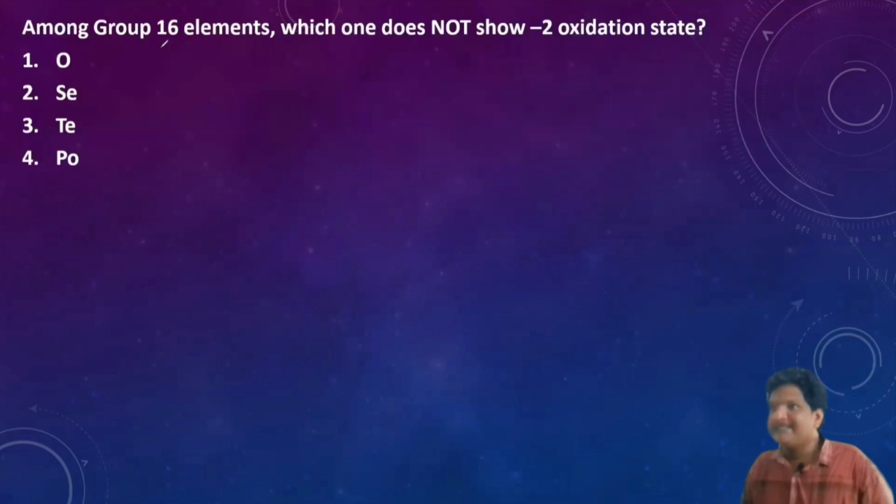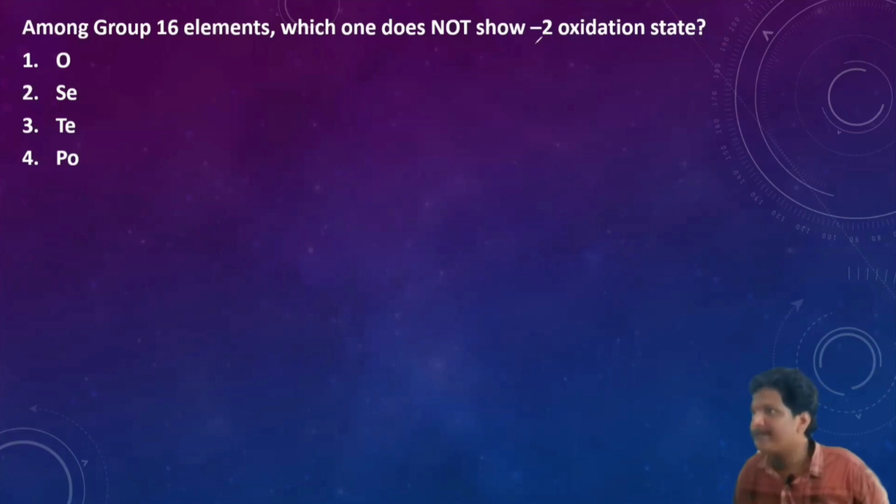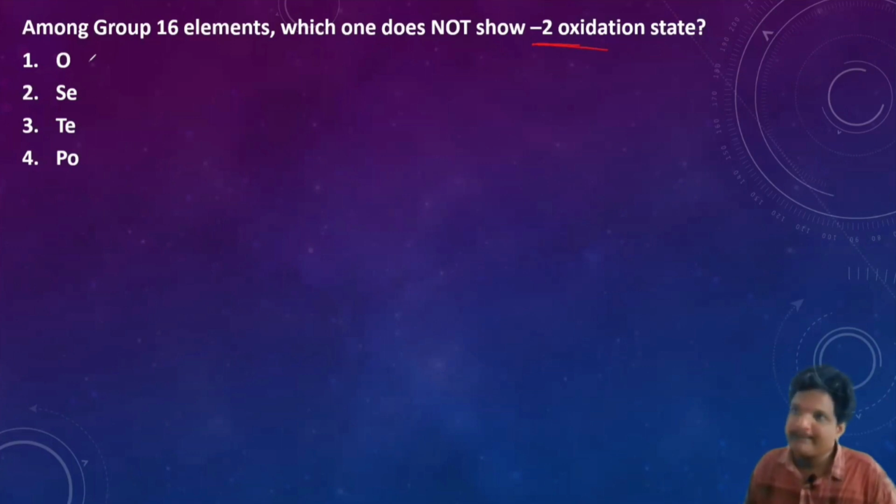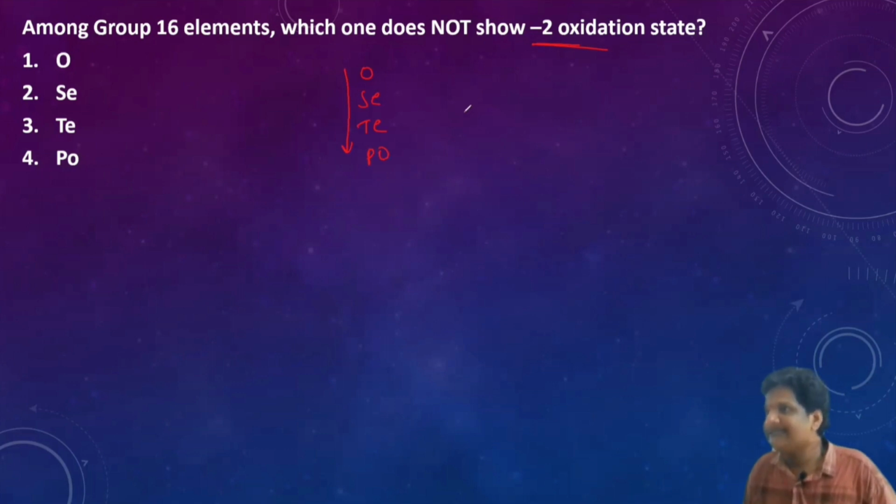Among the 16 group elements, which one does not show -2 oxidation state? Here they have given 16th group elements, that is oxygen, selenium, tellurium, polonium. From top to bottom, there is an increase in metallic character.